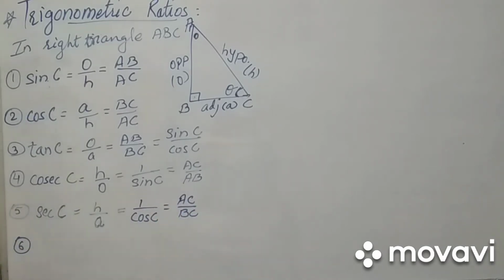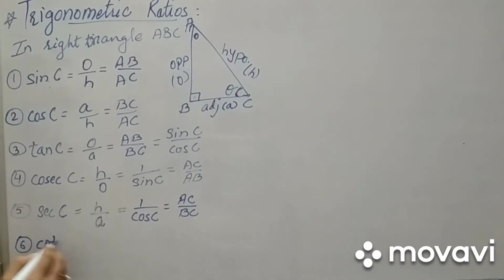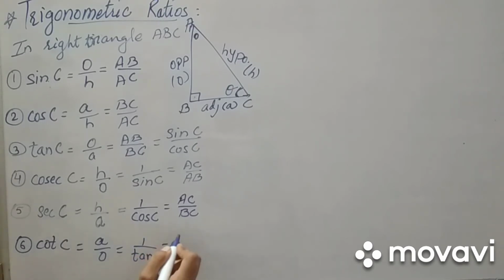Sixth is cot C is equal to A upon O. This is a reciprocal of tan C is equal to 1 upon tan C is equal to BC upon AB.